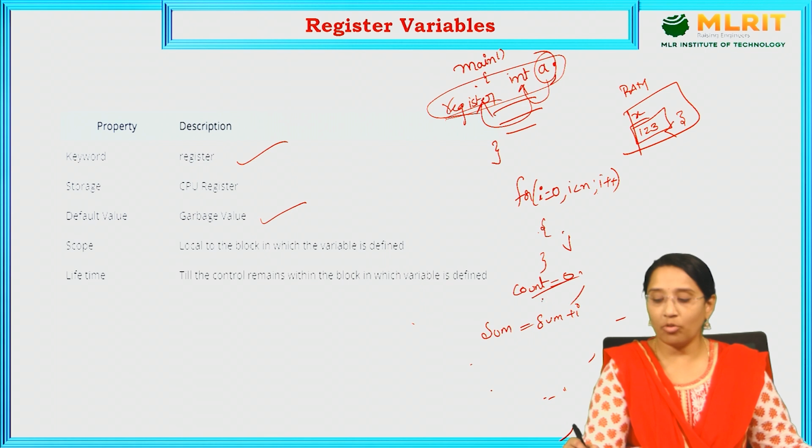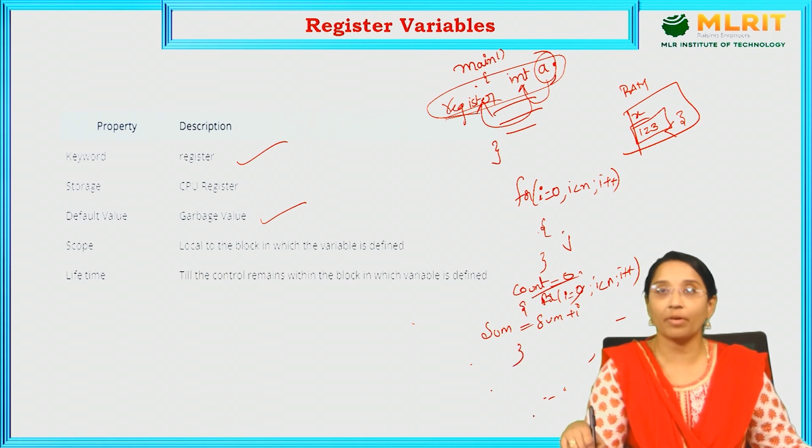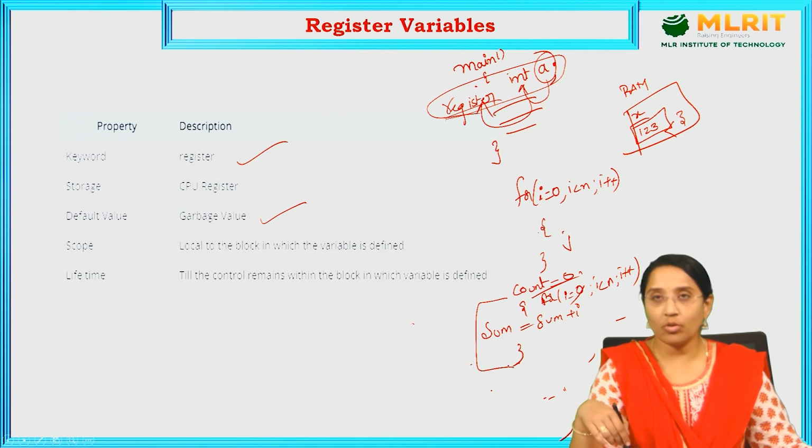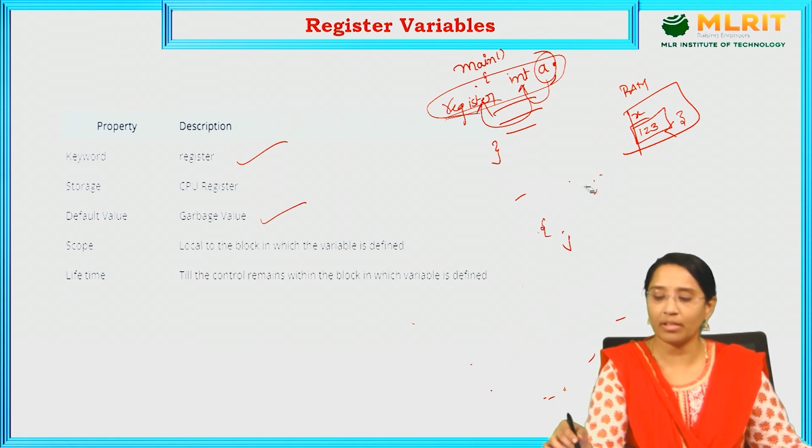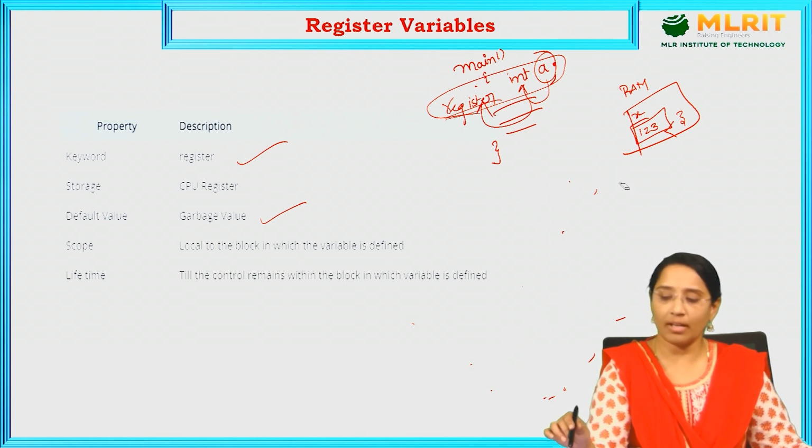We take a loop for i equals 0, i less than n, i plus plus, sum equals sum plus i, to calculate the sum of n natural numbers. Here sum is initialized to 0. So sum, count, and variables i and j, k, the variables which we are using frequently, can be stored in the CPU register class.